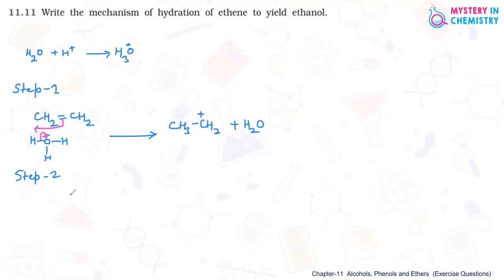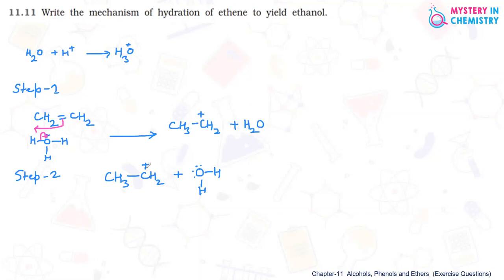So we can write carbocation as CH3, CH2 plus and water molecule, that is oxygen, hydrogen and one hydrogen and the electrons of oxygen. And here how the electron transfer, that you are showing by arrow.